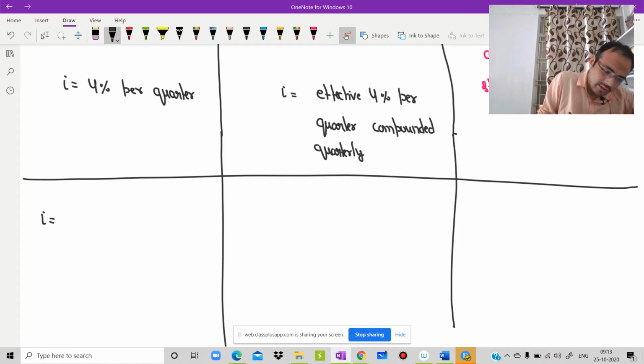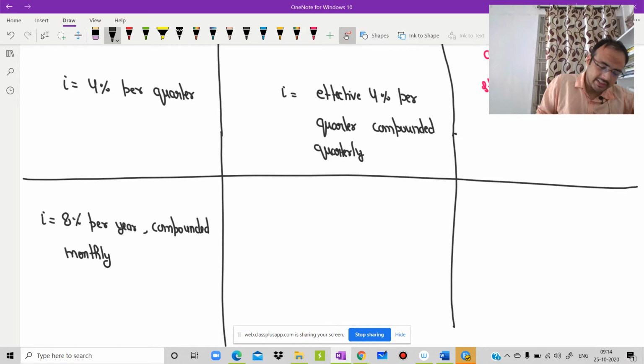Okay, if you have I equal to 8% per year, compounded monthly, what does it mean? Then I is equal to nominal 8% per year, compounded monthly.